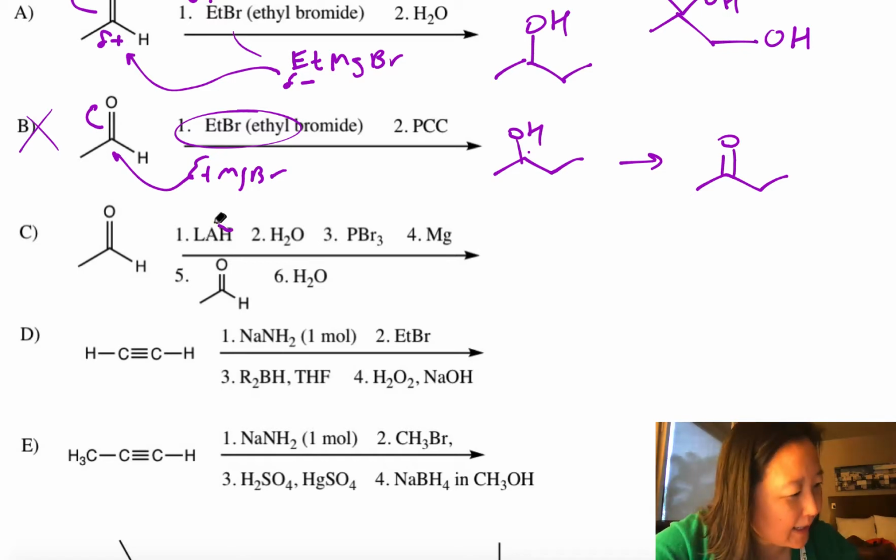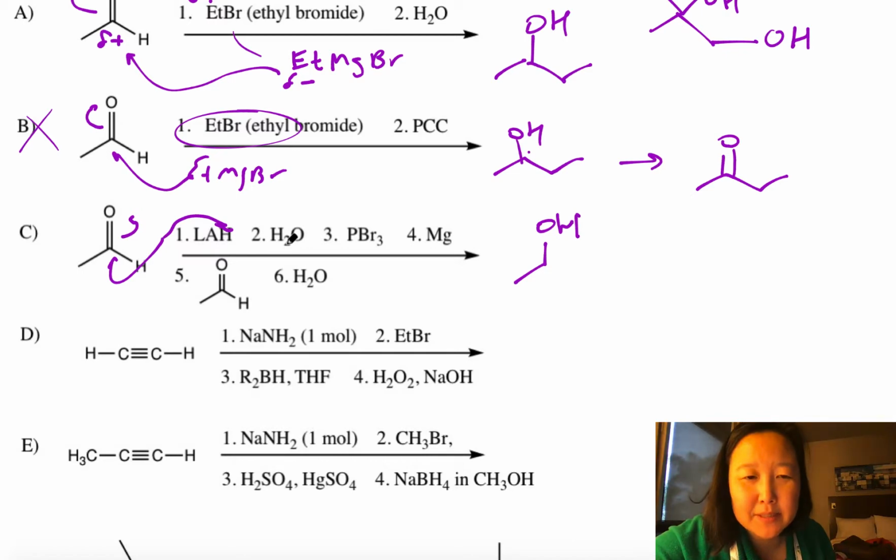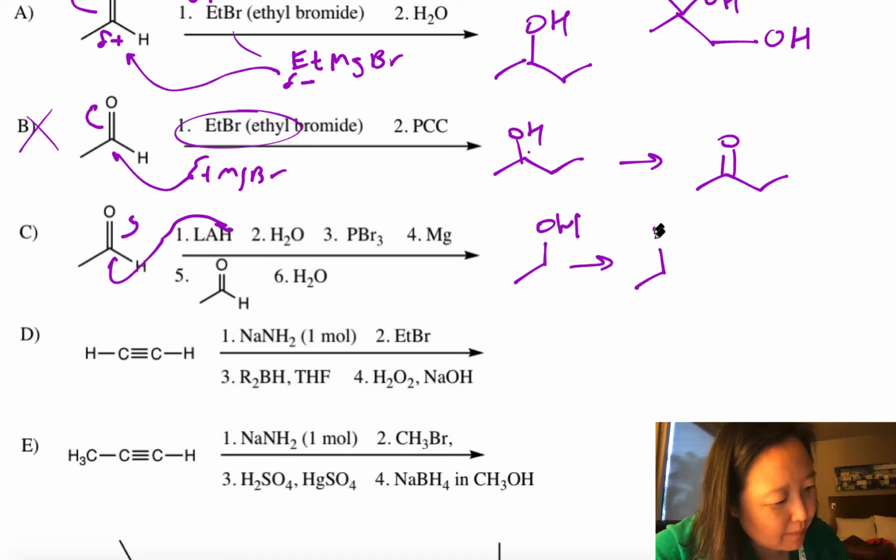LAH, if that attacks, that's the hydrogen nucleophile, and I get reduction. So I'm going to have O minus, and then it's going to get protonated in the second step to OH. And this hydride is on here. PBr3 should take this primary alcohol to an alkyl halide. Magnesium will turn this into a Grignard reagent.